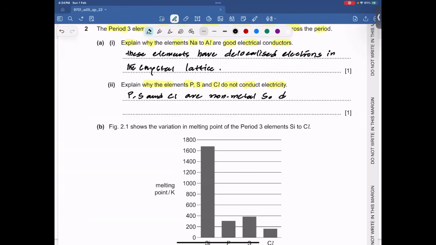So, due to the absence of delocalized electrons, they cannot conduct electricity.